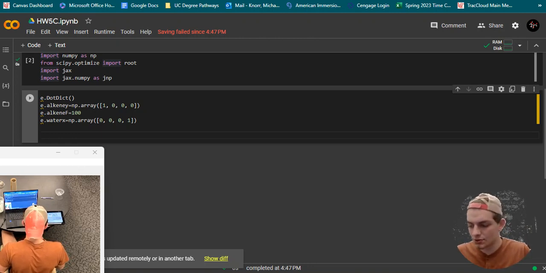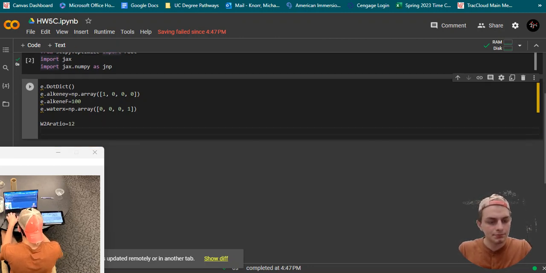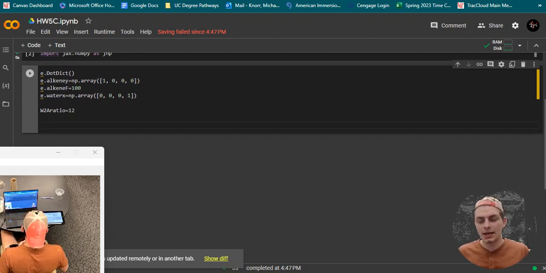So let's call this our water to alkene ratio here, and that will be 12. That constraint will come in handy in a couple of instances, creating some initial guesses and some bounds for our range variables in just a moment.